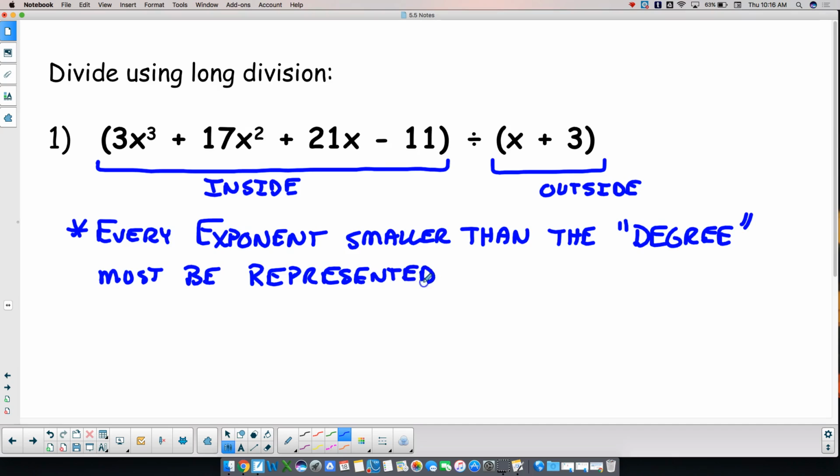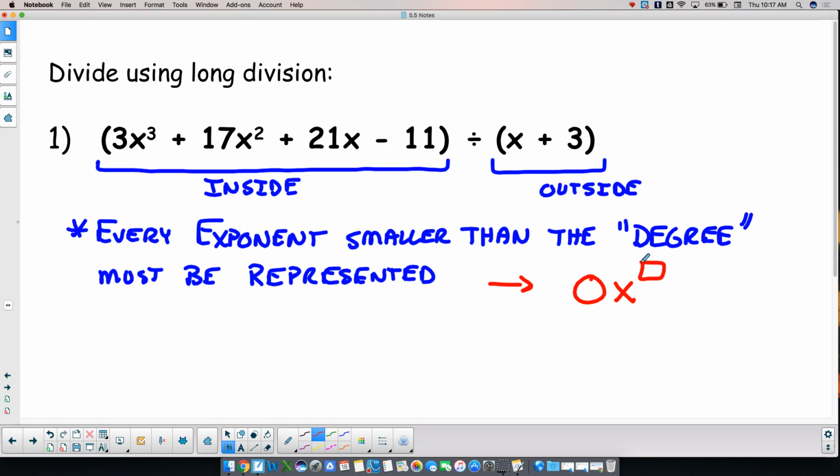So if we're missing one, for instance, if this problem didn't have an x squared term in it, we would have to fill that spot with a 0x squared. So every exponent smaller than the degree has to be represented.